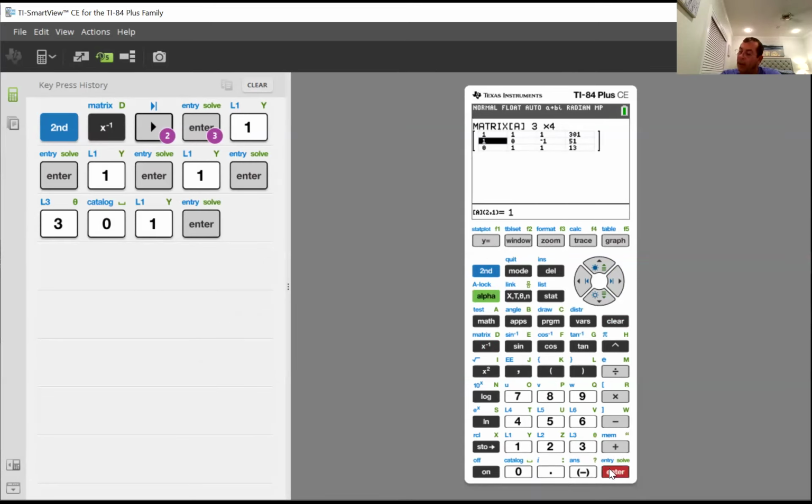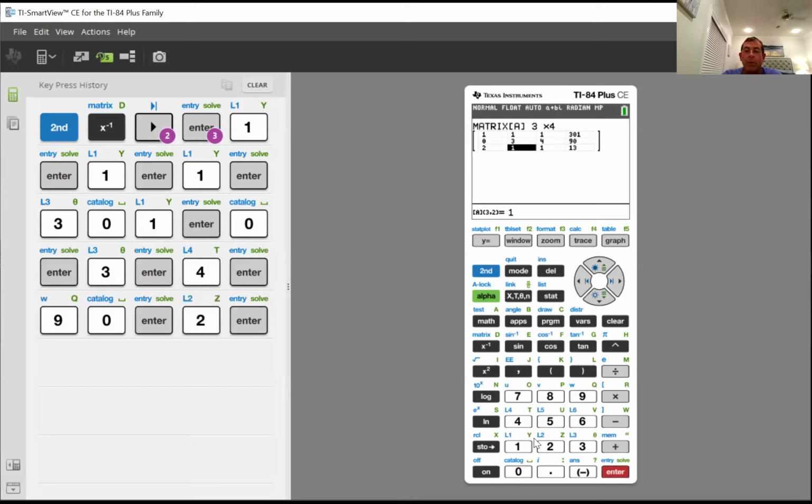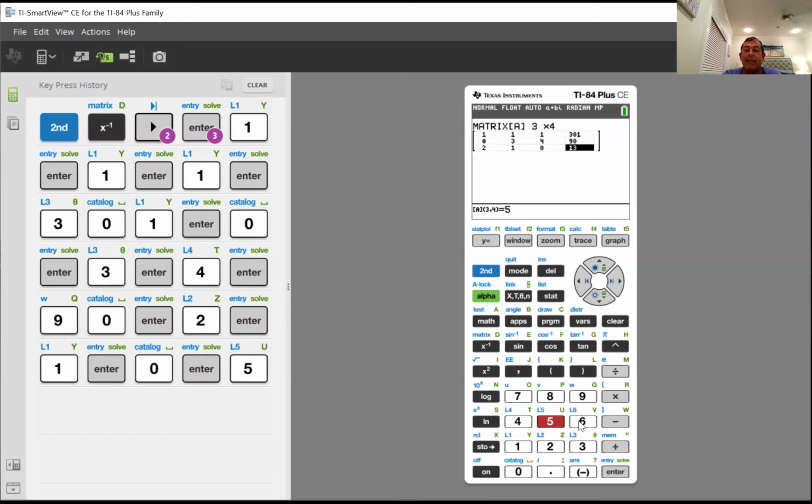And enter. Next row was 0 3 4 90. And y'all finally 2 1 0 566. And enter. All right, y'all, so all that stuff's in there.